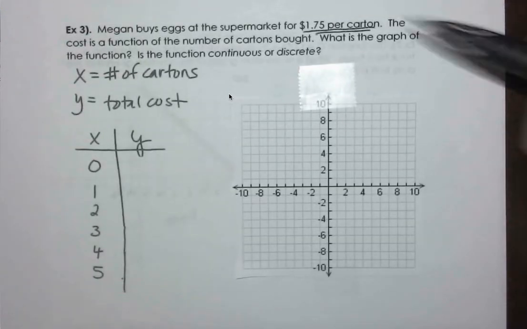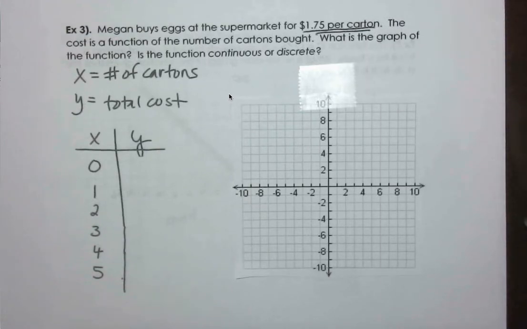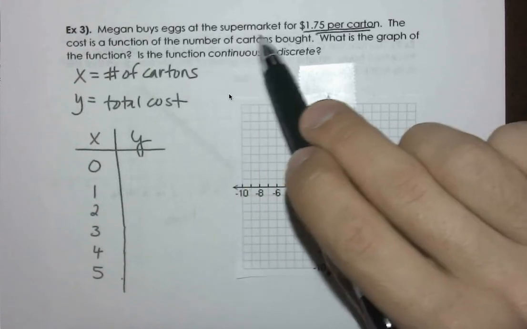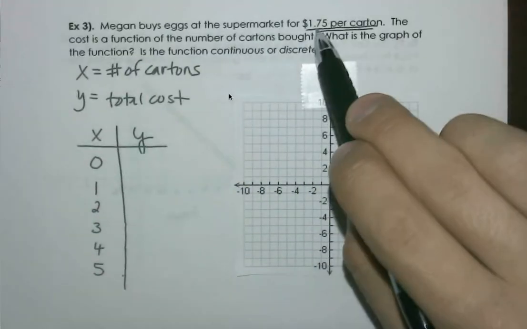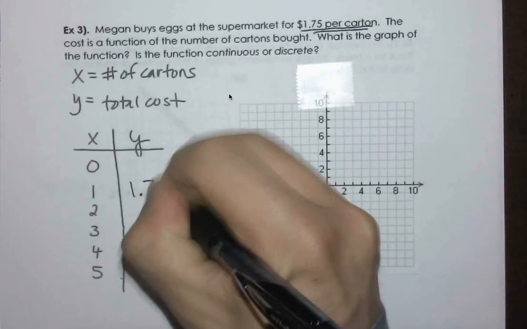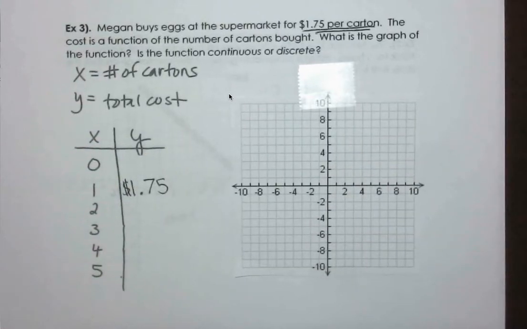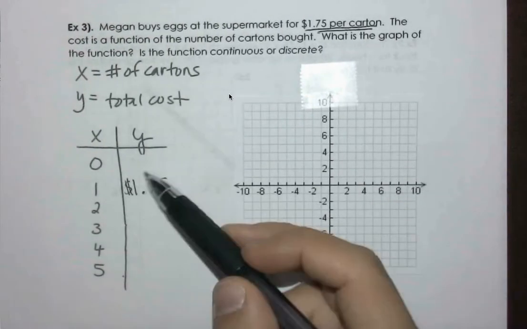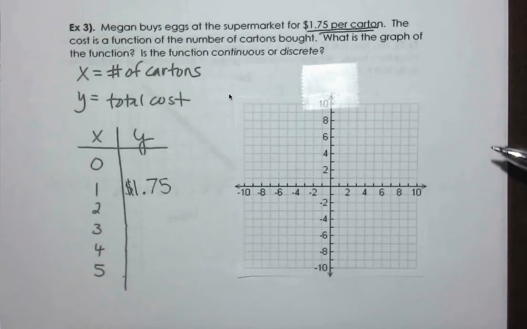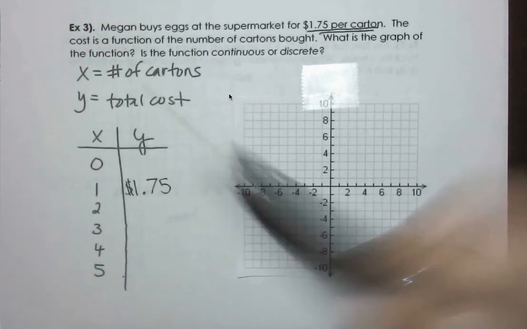So we don't have an equation here, so let's just think this out in a normal context. If Megan buys eggs at the supermarket, one carton is going to be $1.75. So we know that no matter what, if we buy one carton, it's going to be $1.75. So how about if we buy nothing? Do we have to pay anything if we buy no eggs?